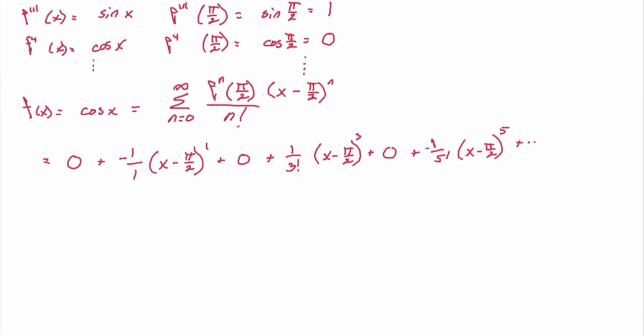Next, let's rewrite the sum. But before we do that, recognize that this sum starts at n equals 0. So we have our 0th term, our first term, our second, third, fourth, fifth, and so on. But half of those are zeros. Let's focus on the terms that are not zeros.